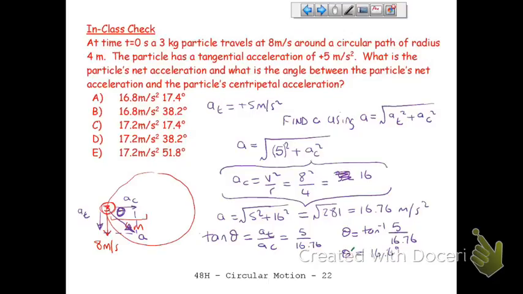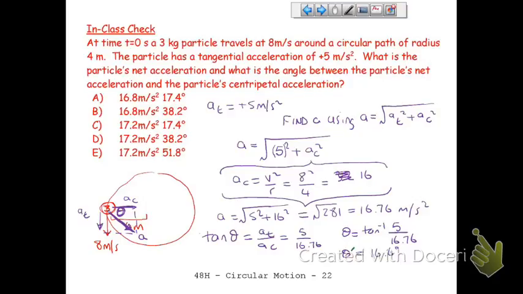So have I done something wrong? That's right, and that's right. It says the net. Yeah, you solved for the wrong acceleration. It wants the centripetal and the net, not the tangent. There's the centripetal and there's the net. Oh, did I use the tangential? Yeah, I used the tangential.